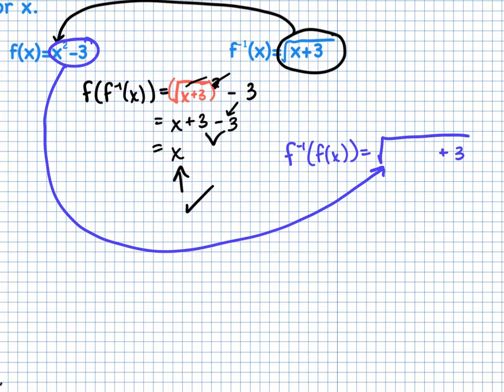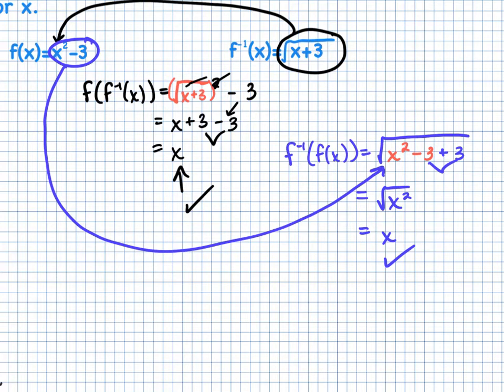So I'm going to erase that, put in x squared minus 3, and then evaluate from there. The negative 3 and the positive 3 add to 0, so I'm left with the square root of x squared. The square root and the squared are inverse operations, and so what I'm left with is x. So again, ending up with x means that you're good to go.